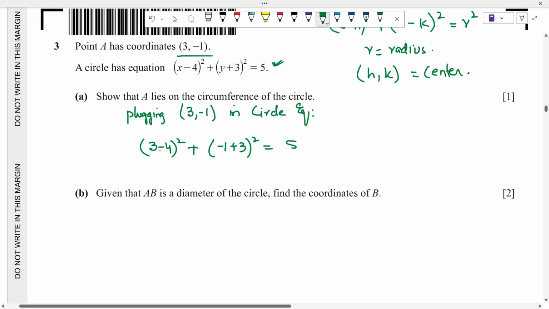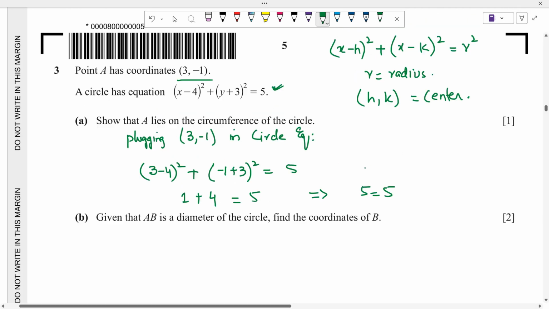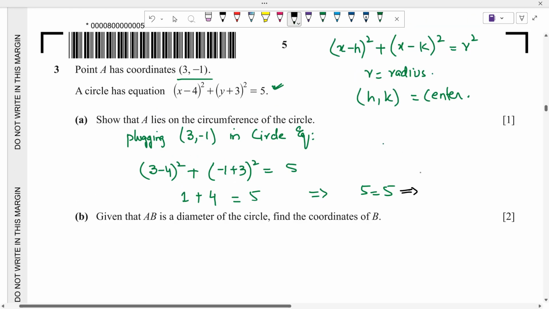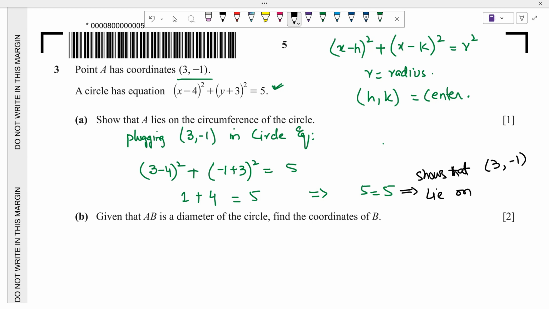So 3 minus 4 is negative 1, negative 1 square is 1, plus 2 square is 4, is equal to 5. So we can say that 5 equals 5. So this shows that 3 comma negative 1 lies on the circumference.